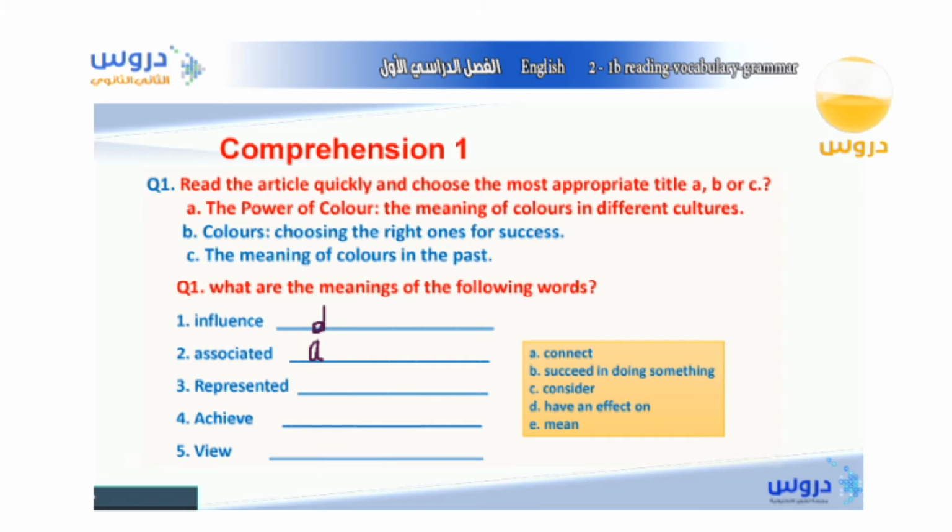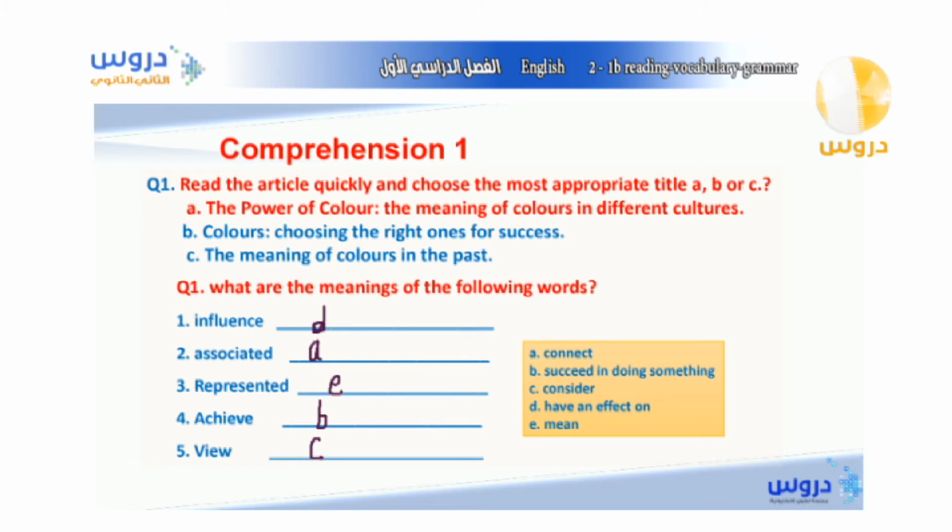So influence goes for D, which is have an effect on. And 2, associated goes for A, which means connect. Now 3, represent goes for E, which is to represent something, to mean something. And number 4, achieve something is succeed in doing something, which is B. And finally, you have the last one, view, which is C, consider.